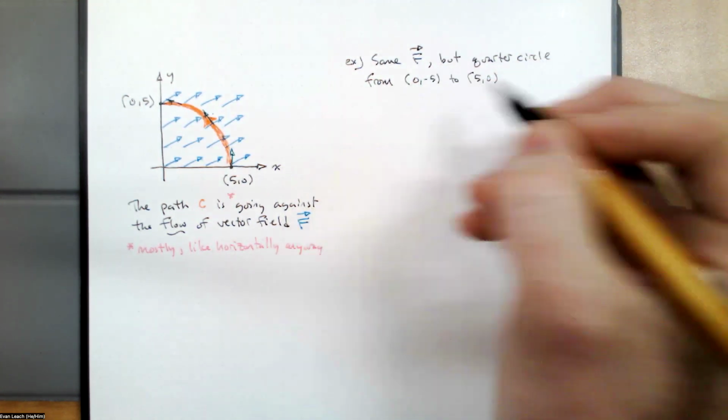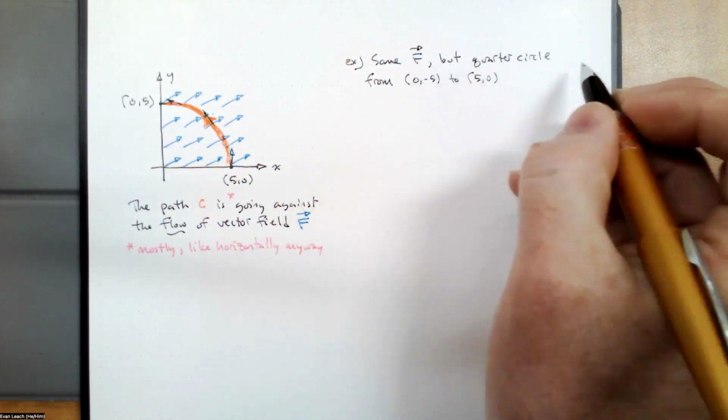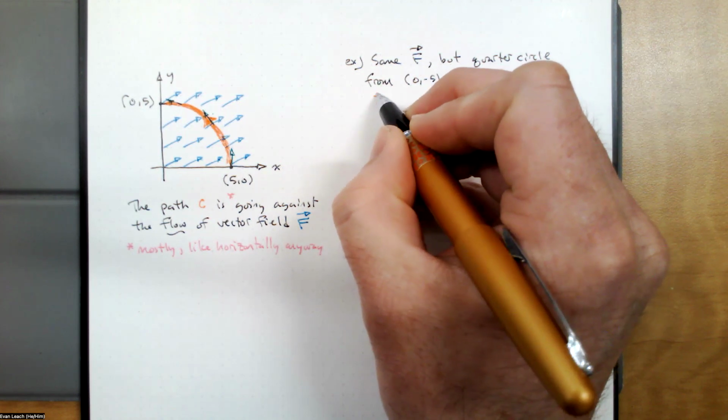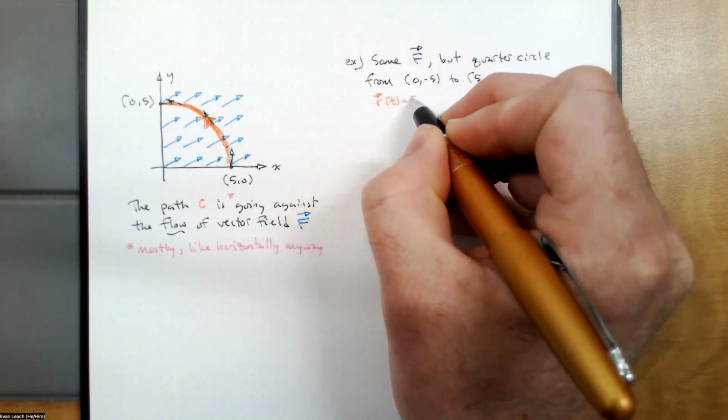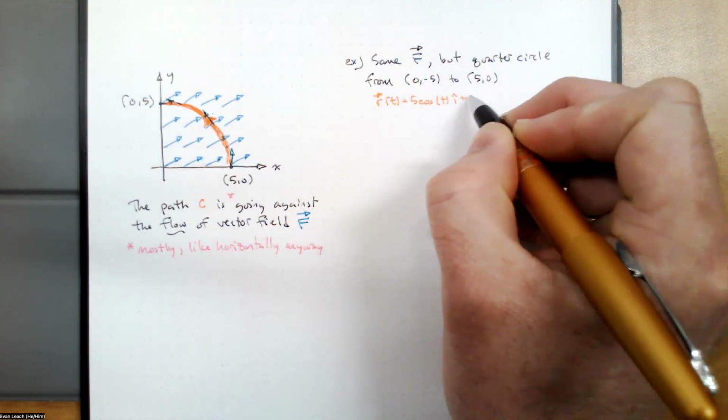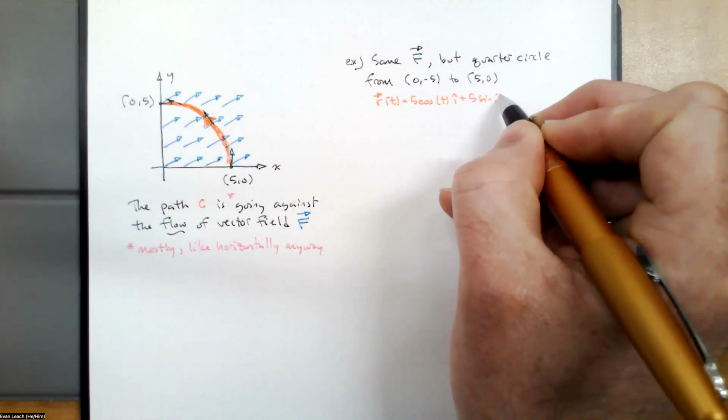We're just going to change the endpoints. I'm changing what C is, but our parameterization is still the same. R of t will be 5 cosine t plus 5 sine t.